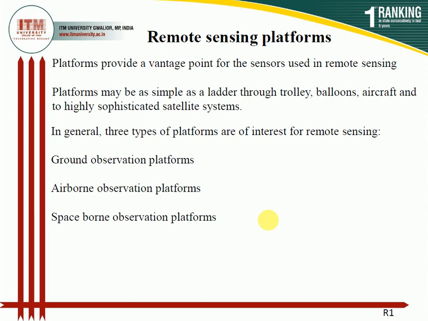The airborne platforms are basically of three types: low altitude, medium altitude, and high altitude airborne platforms. They help in taking pictures of a particular object from a particular distance. I mean, the low altitude platform can have a look at the object from a height greater than 50 meter.